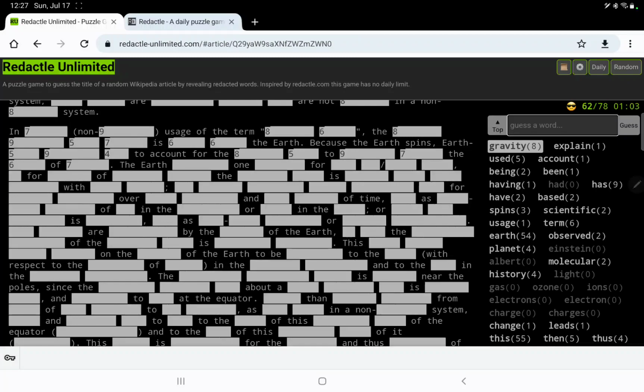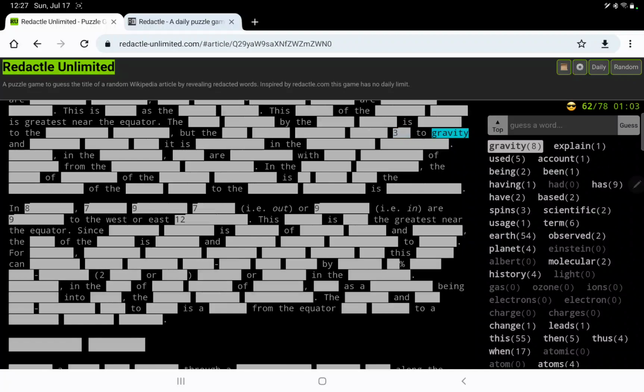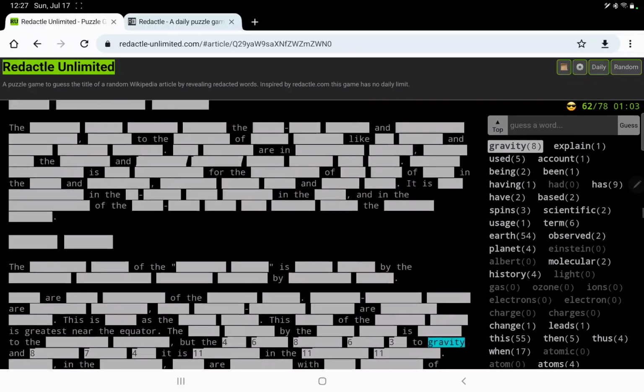How about gravity? No, there are 8 gravities. But the 4, 6, 8, 6, 3 to gravity and 8, 7, it is something in the 11, 11. Okay.